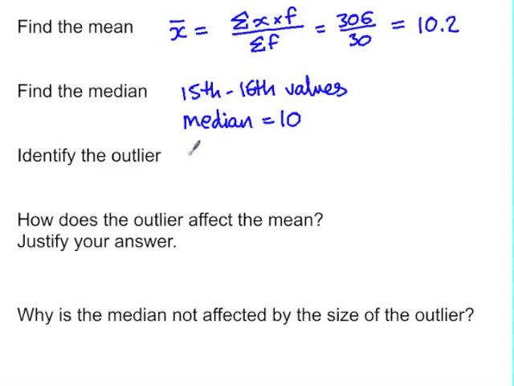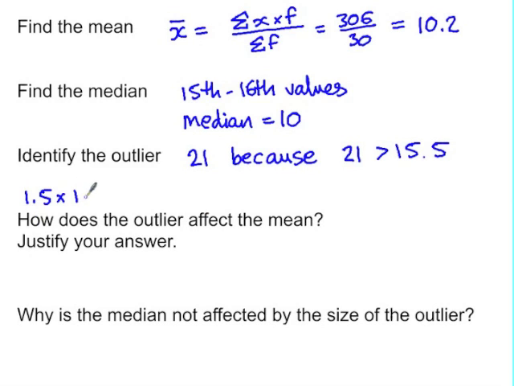We identified the outlier of 21, and we justified that because we worked out that 21 was greater than 15.5, and the 15.5 was calculated by multiplying the interquartile range by 1.5 and adding it to the upper quartile.